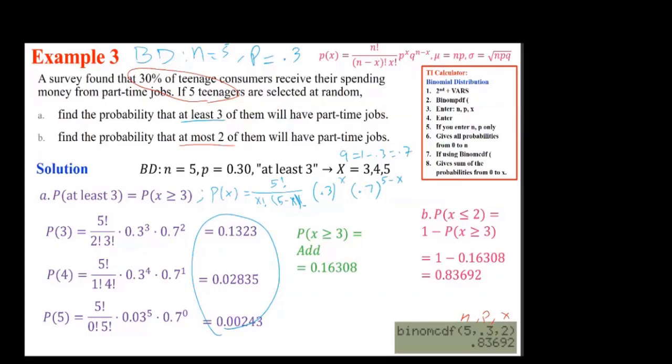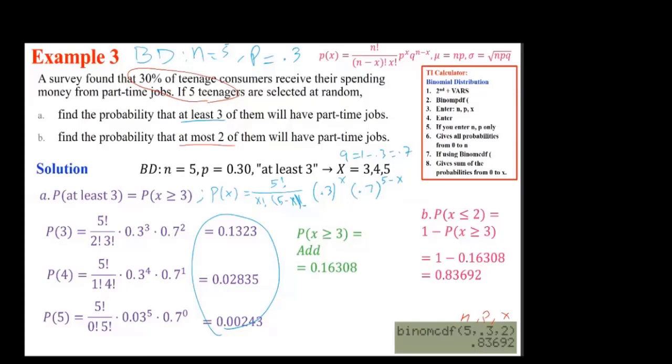What does that mean? It calculates the sum of all the probabilities from 0 to x. So if you want at most any number, it will do the job for you. Just put that number. But if you want at least, it doesn't do it. So you have to look at the complementary event to be able to handle it properly.